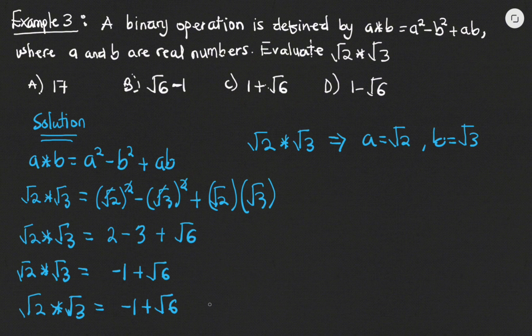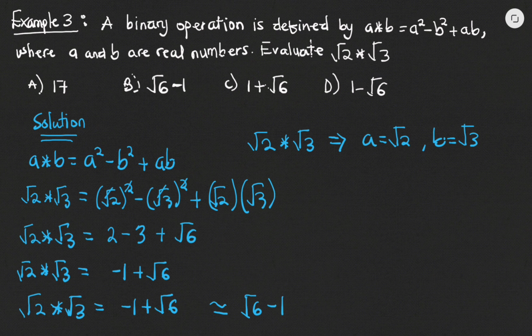Now, if you look through the possible answers, we don't have minus 1 plus root 6. Okay, but if we rewrite this, we just interchange the positions. This can be rewritten as root 6 minus 1, because the 1 is negative, it's carrying the negative. So if I interchange the position, it will not change anything, it is still the same. So negative 1 plus root 6 is equal to root 6 minus 1. It's the same thing.